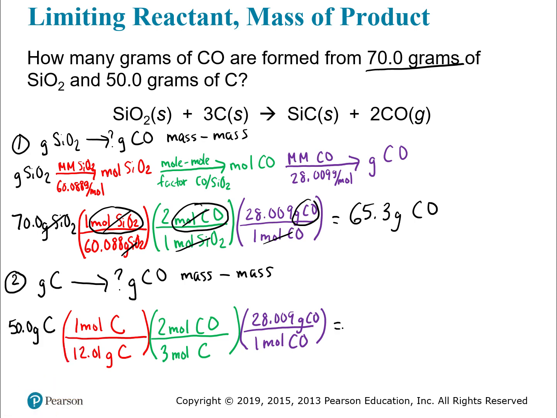So that's how you would set it up to go from grams of carbon to grams of carbon monoxide. So given these two values, how many grams of carbon monoxide are we actually going to make if we were to combine 70 grams of silicon dioxide and 50 grams of carbon?